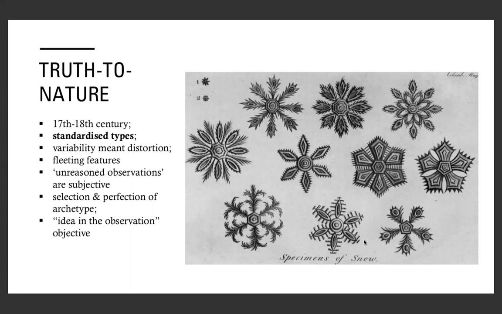So to them, the unreasoned observations were subjective, whereas what Daston and Galison called the idea in the observation was objective. So as you can see in these lovely pictures of specimens of snow, you have selected particular types which you have perfected into an archetype, and this can stand truly for the whole class of the specimens. And that's the idea behind truth to nature.